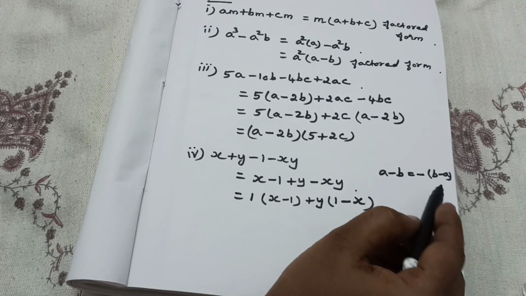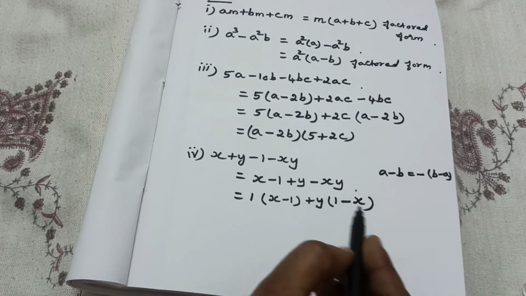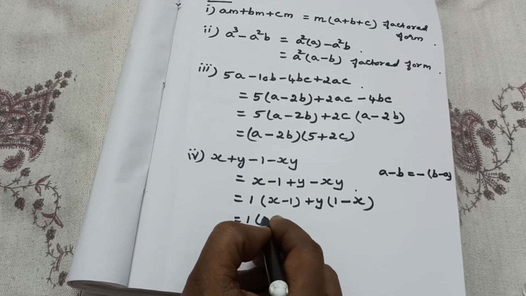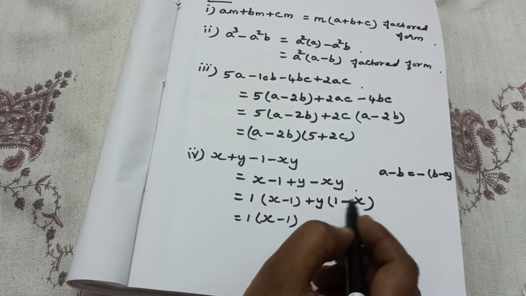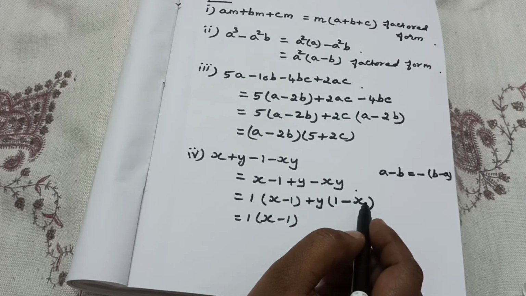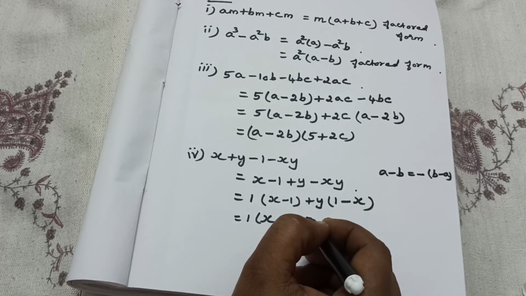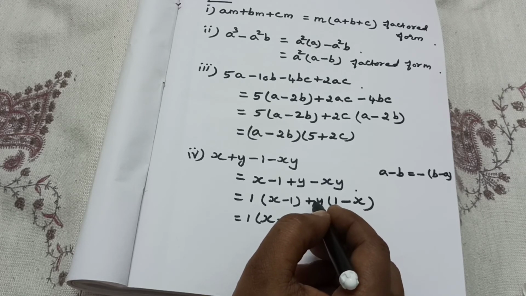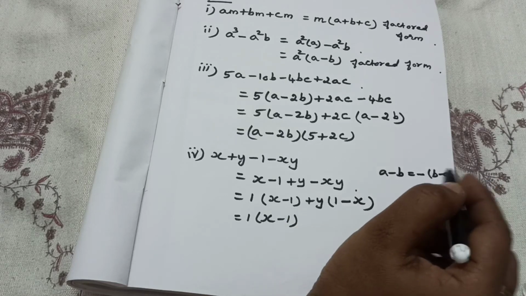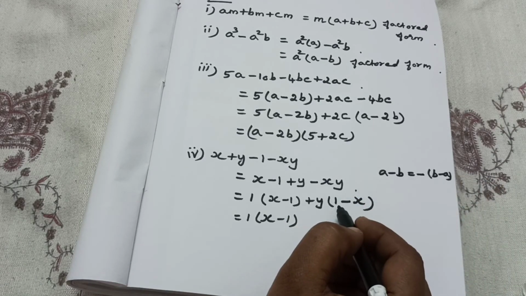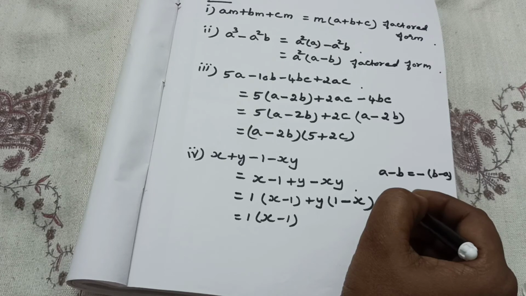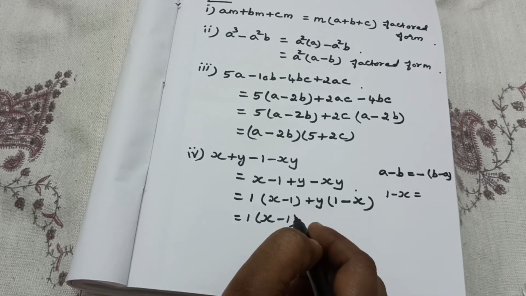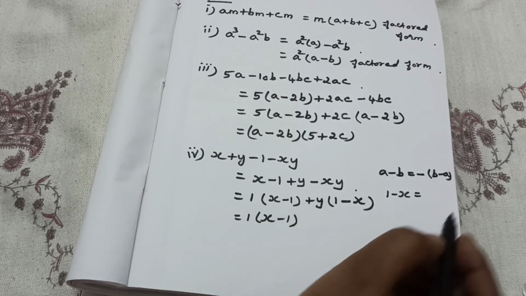Okay? Then with the help of this one, we can find here. Okay? Here 1 into x minus 1, then here plus y, isn't it? Plus y, here plus y is there. Okay? But a minus b, that means 1 minus x. Okay? 1 minus x is equal to, then how can we bring x minus 1?